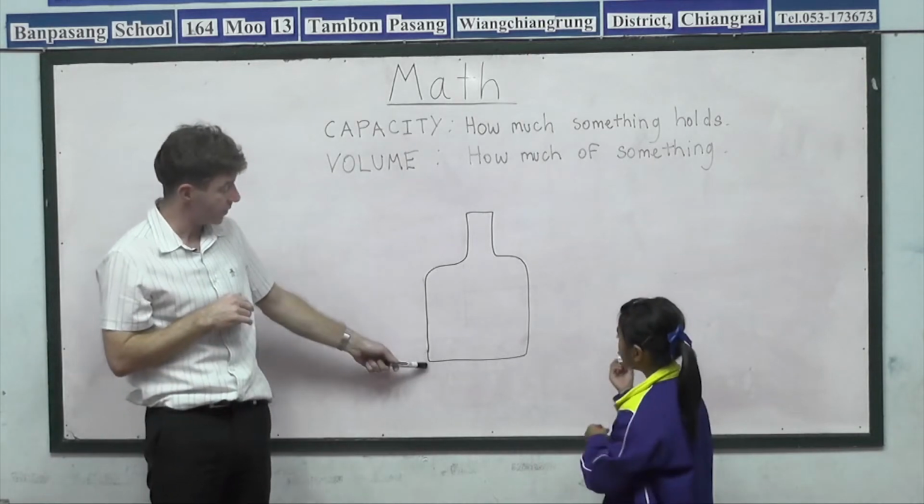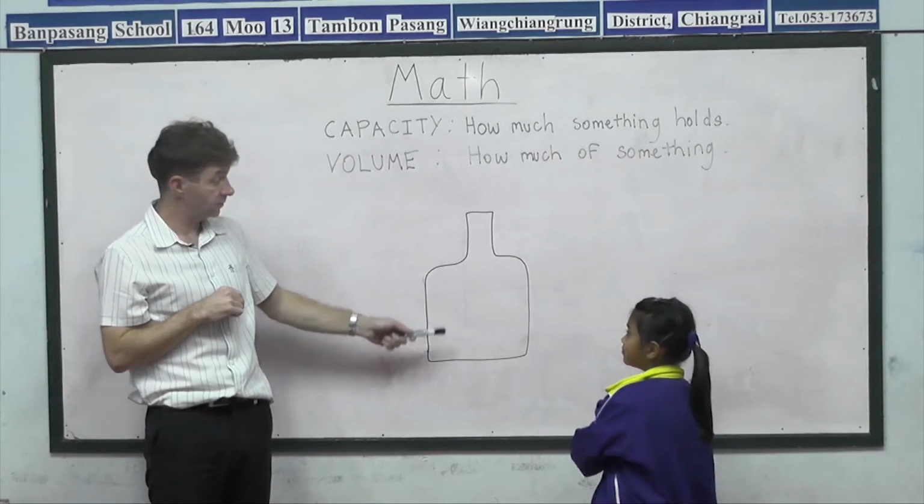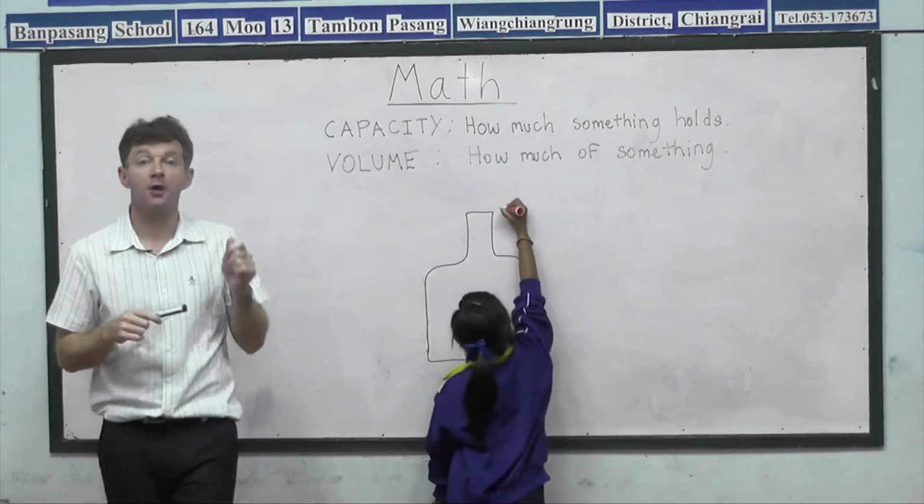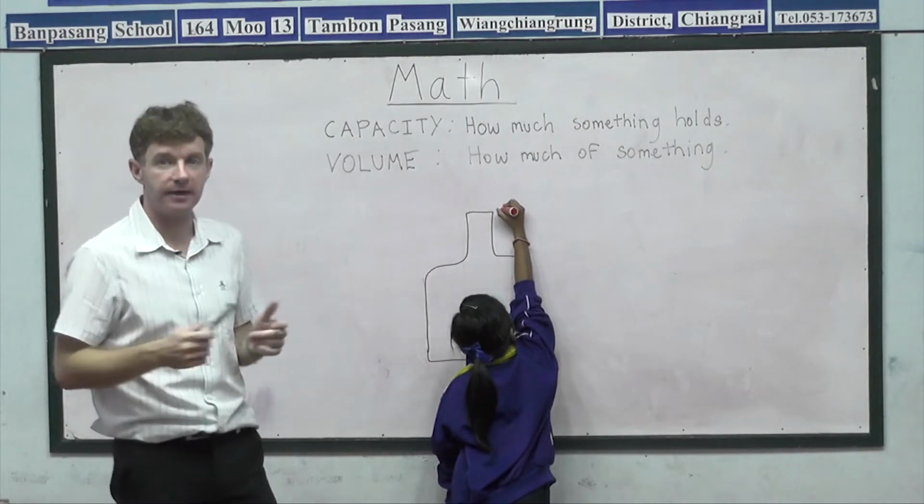Capacity is 3 liters. So shall we write capacity here? No, at the top. Capacity will be 3 liters.